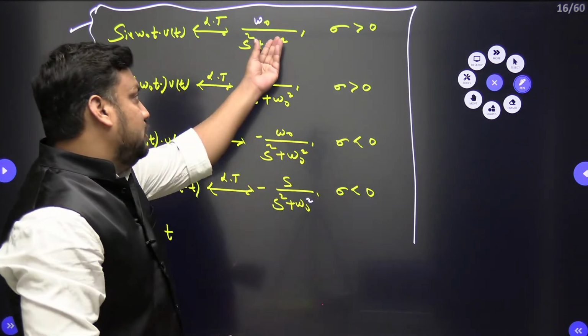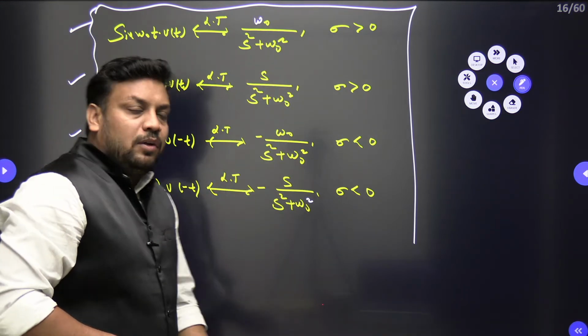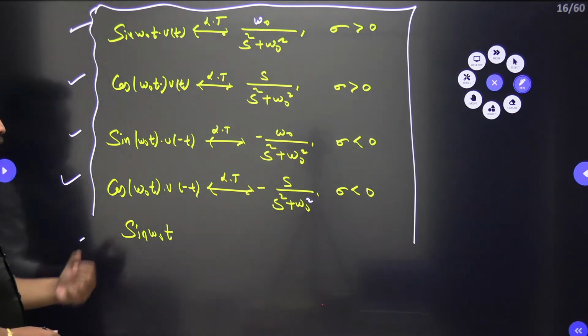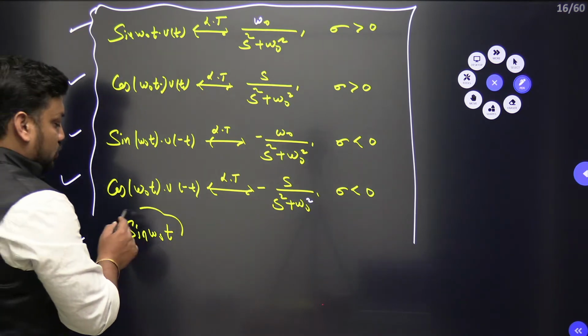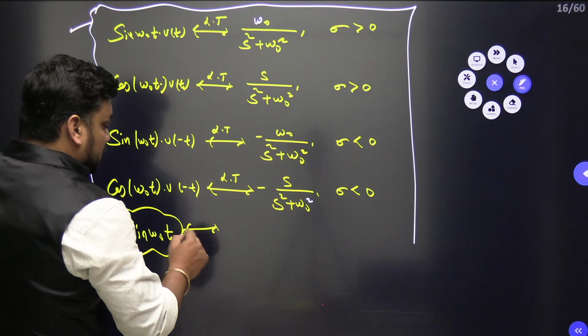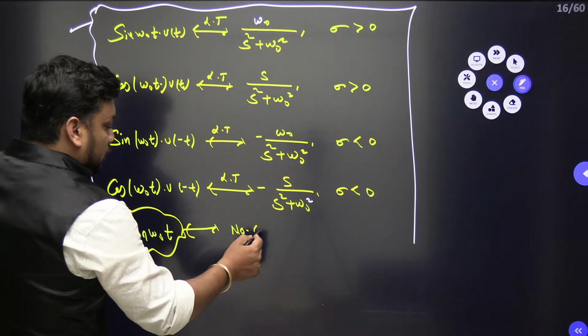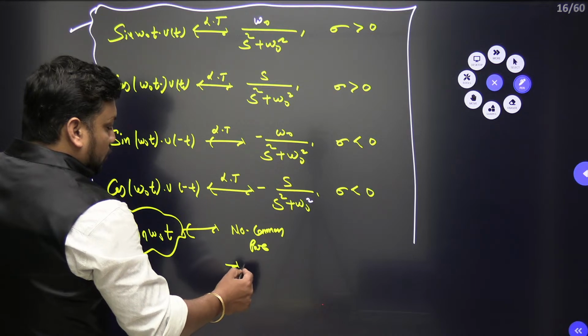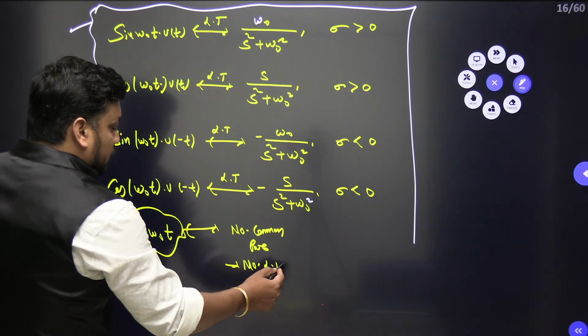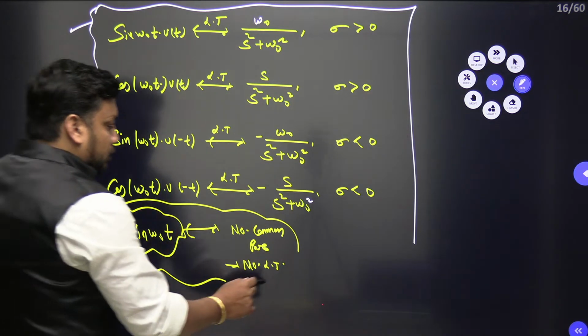So that is why this is the only Laplace transform. But if I talk about the bilateral Laplace transform of sin omega 0 t, with limits from minus infinity to infinity, then because of no common ROC, the Laplace transform does not exist. I hope till now everything is clear, bachcho.